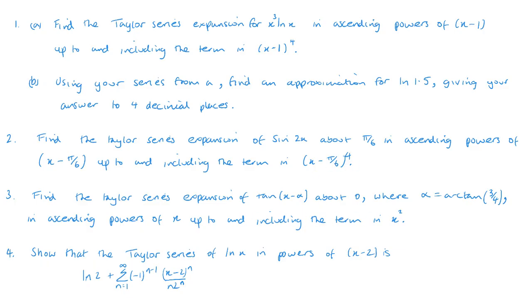The ones with an additional part are worth 6 marks, and this one is worth 6 marks on its own. So that gives you a rough idea of how many marks they're worth. Pause the video, have a go at these questions, and then jump back in to see the answers.